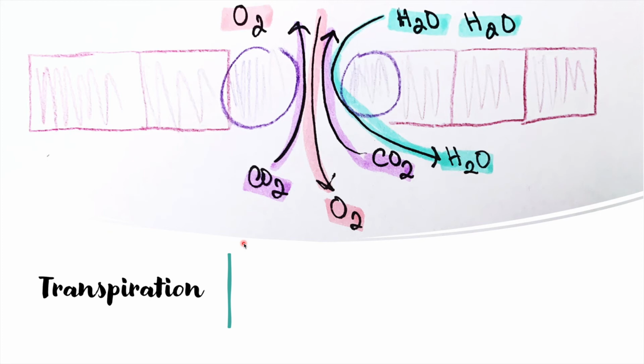Let's briefly discuss the process of transpiration. When the guard cells open and the stomata is exposed, oxygen can leave the cell and CO2 enters the cell. Water vapor also exits the cell, moving down its concentration gradients, and it moves as a chain because of cohesion between water molecules.